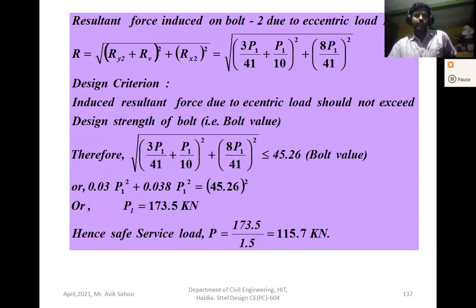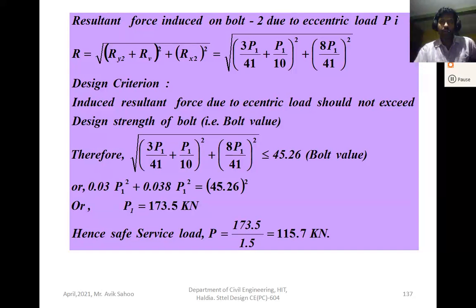So hence the resultant force induced on bolt 2 due to eccentric load P1 is how much? Again we use this expression, the square root of Ry2 plus Rv whole square plus Rx2 square. So we get this expression.